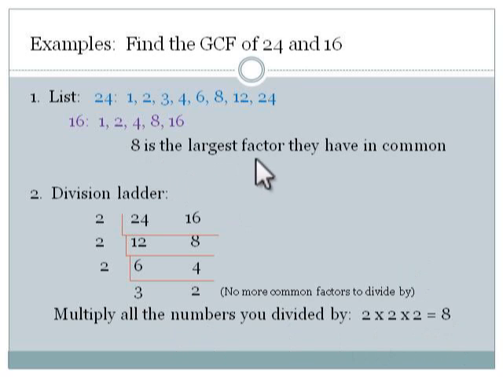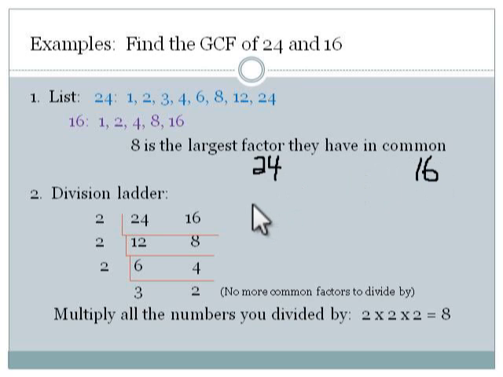Now remember, another way to do it is to find the prime factorization by using the tree. So if we had 24 and we were going to be looking for its prime factorization, we'll also be doing 16. So we'll do this one over here.